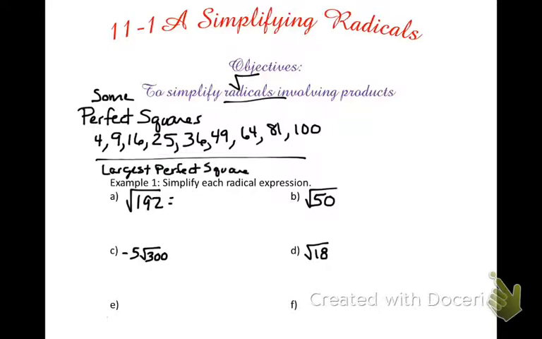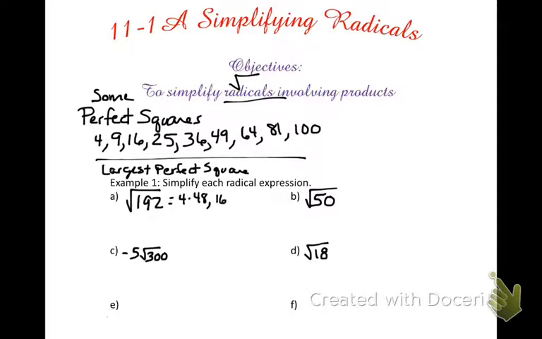So I'm going to check, and I do 192 divided by 4, and that's 48. Well, I know that 4 can go into 48, so that's not my biggest perfect square. 192 divided by 9 is, oh nope, not even close. So 192 divided by 16 equals 12.